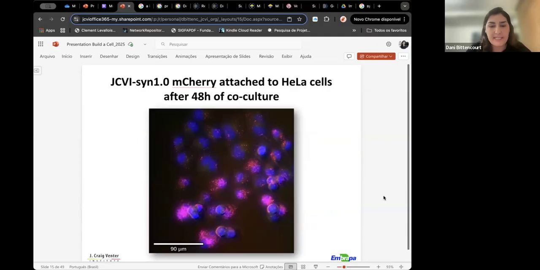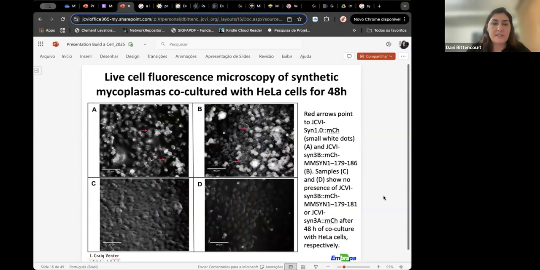But then when we compare it with the other clones, here we have JCVI-syn3B with the whole set of 8 genes. And then here we have the one with only the 179 up to 181 genes, and this is syn3A.